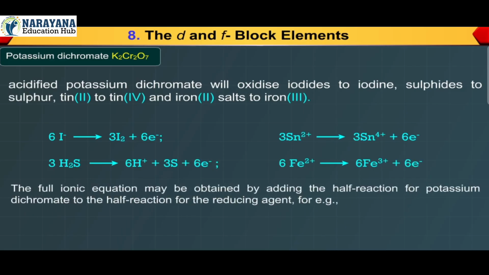The full ionic equation may be obtained by adding the half reaction for potassium dichromate to the half reaction for the reducing agent. For example, Cr2O7^2- + 14H+ + 6Fe2+ gives 2Cr3+ + 6Fe3+ + 7H2O.